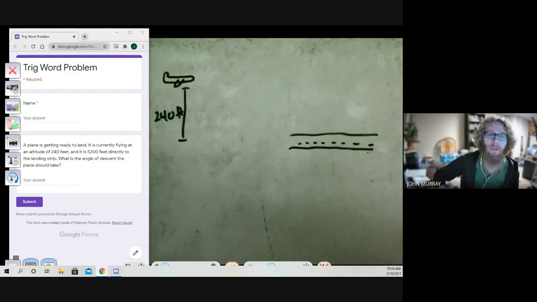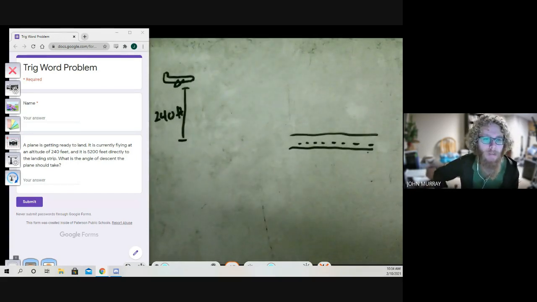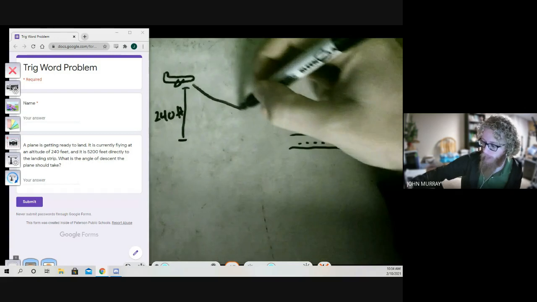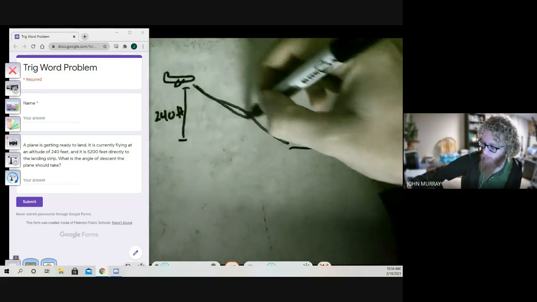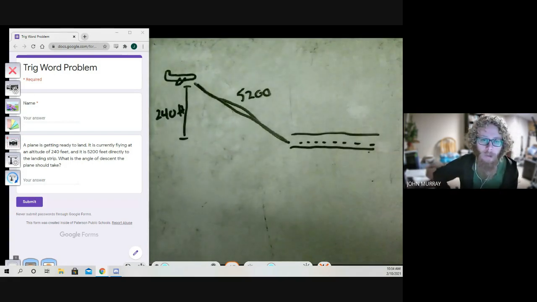So the way this was worded, like I said, I can kind of see if there's some confusion here. The 240 should have been straightforward. That's your height, right? The vertical length. Now, when I say it's 5,200 feet directly to the landing strip, that means directly from the plane to the landing strip. That would be 5,200. Okay.